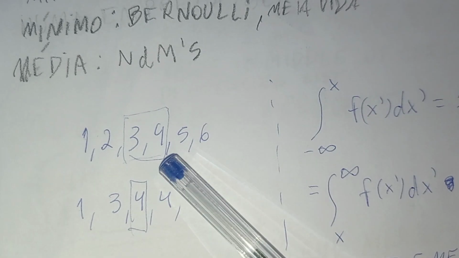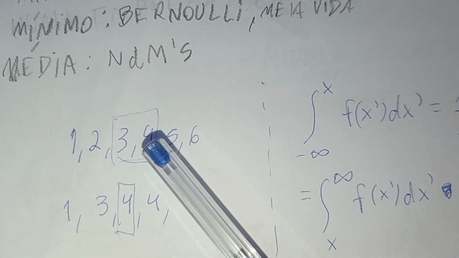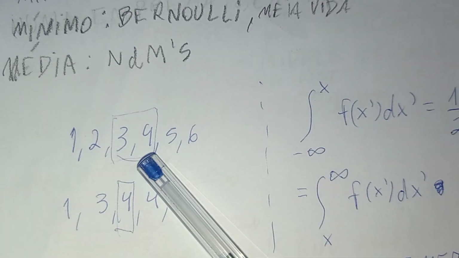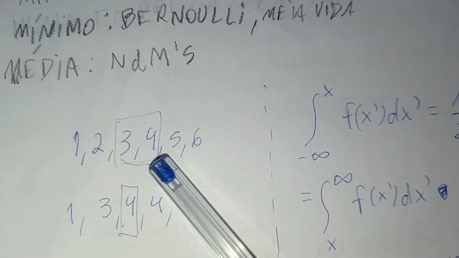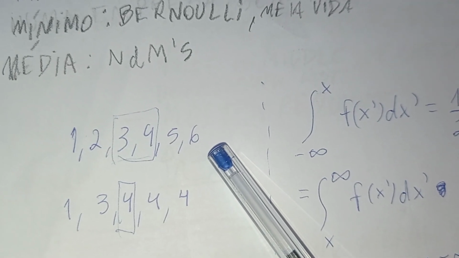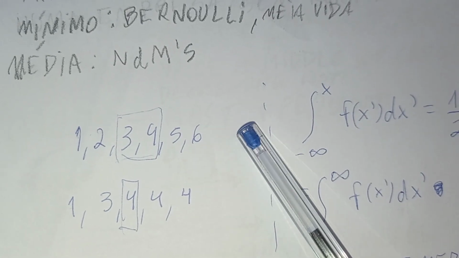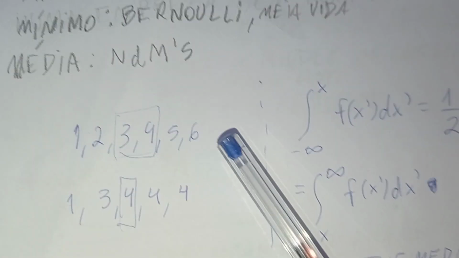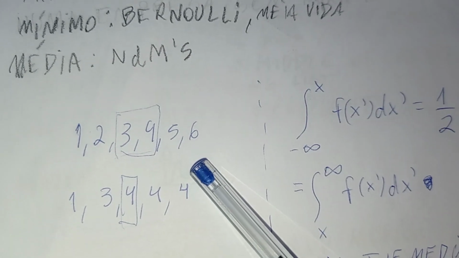The median is not very sensitive to me adding 100 here because it's going to go to 4 instead of 3.5 as we calculated. But if you do this with a mean, with an average, you're going to have a huge dislocation of the average because of a big number.